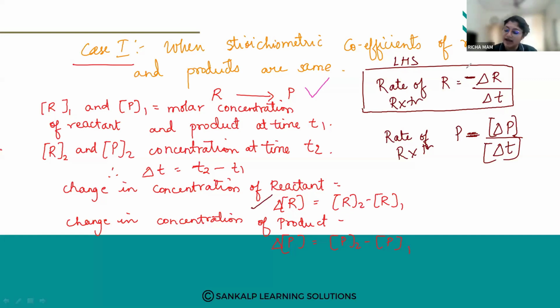So the rate of reaction is given as minus delta R, written in concentration, upon delta T, with respect to time. And the rate of reaction of product is given as delta of concentration of P upon delta T. So this is with respect to reactant and product.